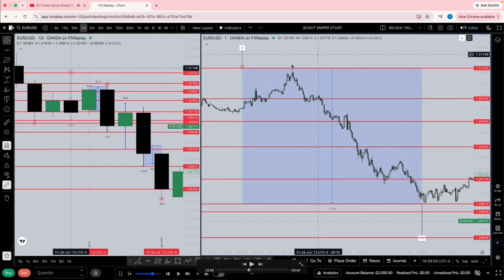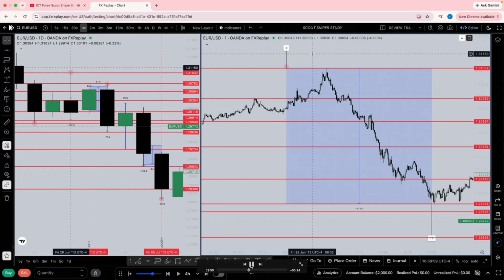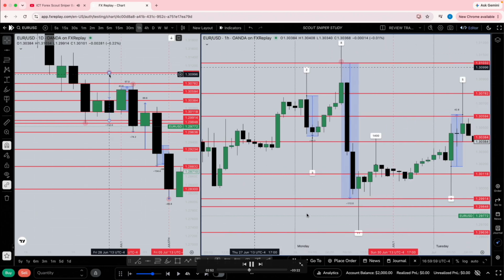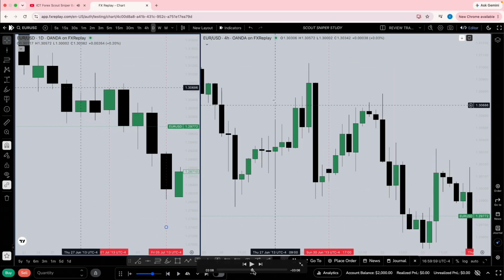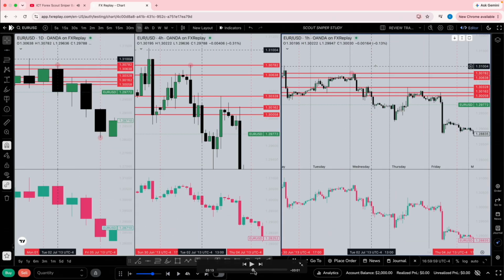This was a 1 minute off of the key level. You can see our price is coming down. One hour. It's a 1 hour chart, key level. Four-hour chart.